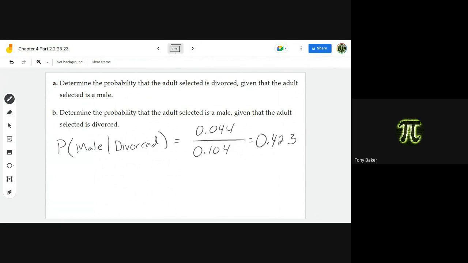And since up until recently you only had male and female being looked at, it's pretty much 50-50. There's actually more females in the United States than males, but it's close, so you'd expect the divorce rate to be pretty close to the same.